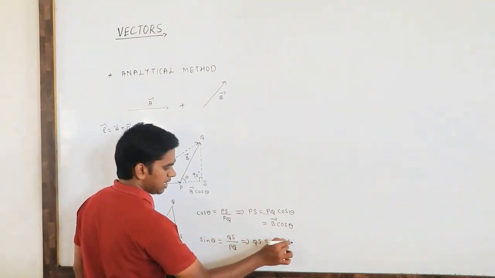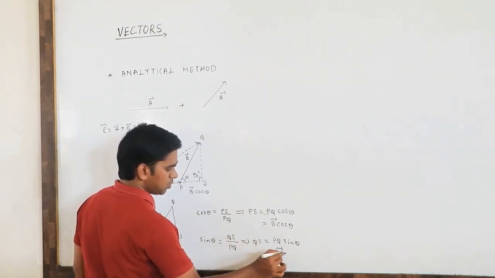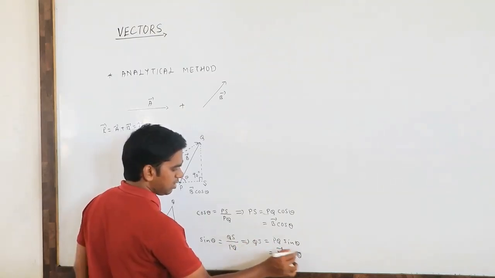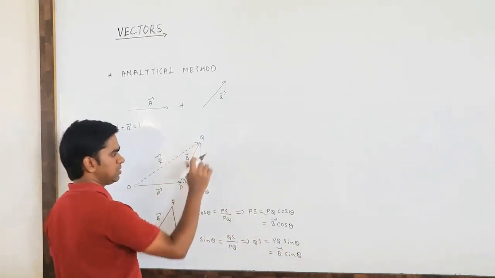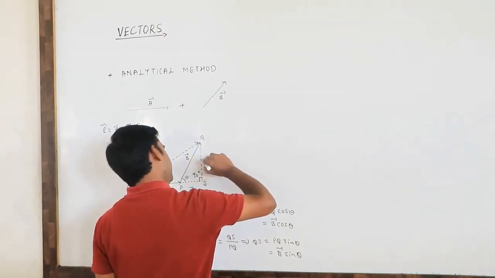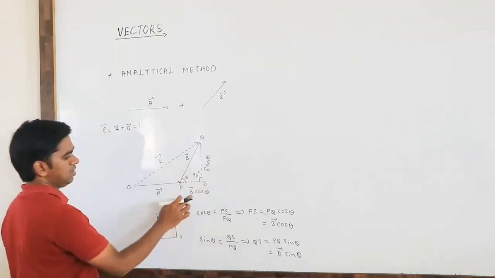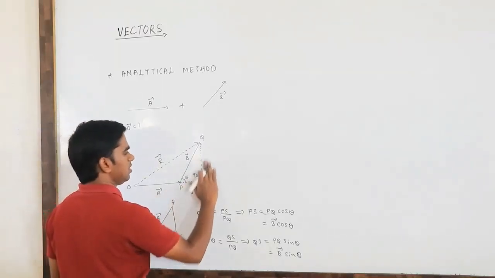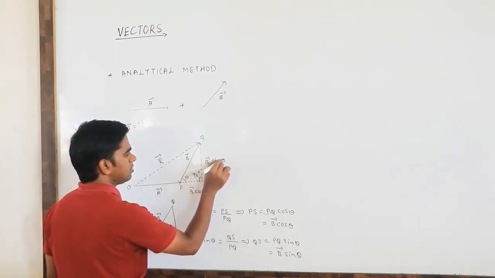PQ is nothing but B, so B sin theta is going to be your QS. So this is B sin theta and this is B cos theta.